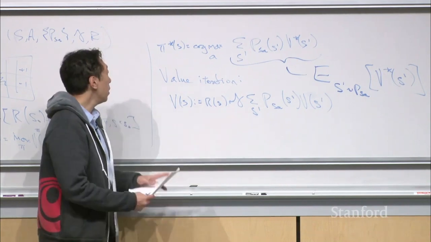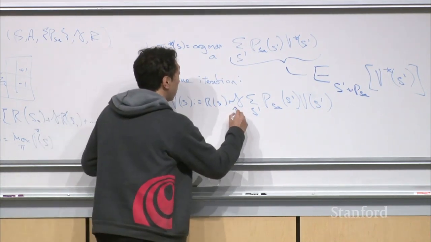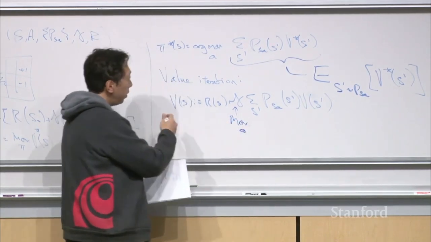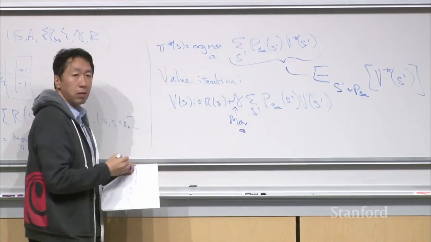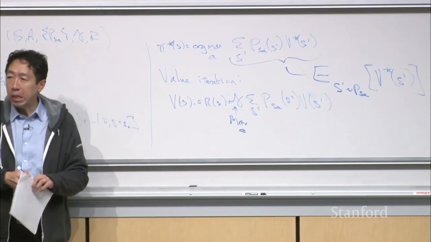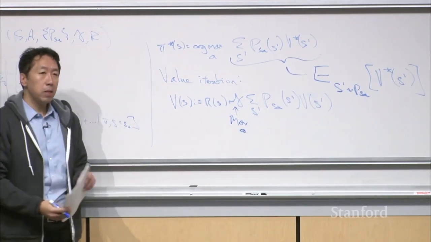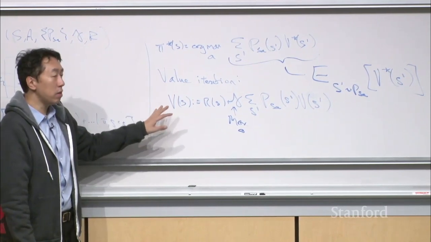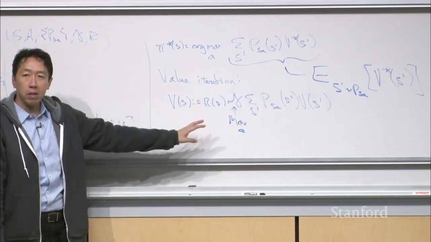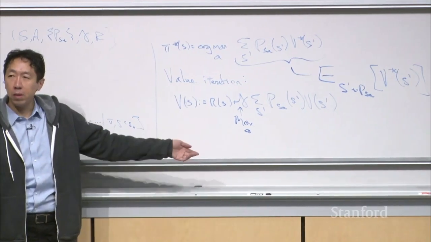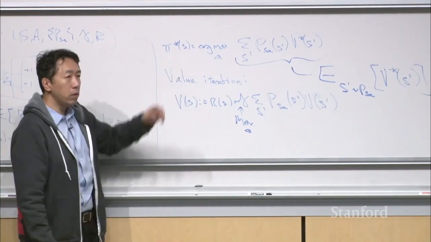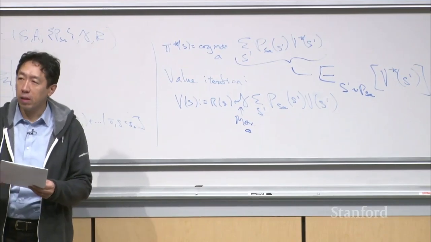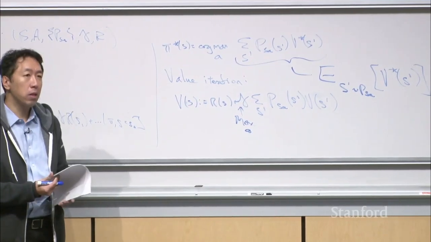Oh, I'm sorry, it's missing a max there. If V was equal to V star, then the left-hand side and the right-hand side would be equal to each other. What value iteration does is initialize V of S to 0 and repeatedly carry out this update until V converges to V star. And after that, you can then compute pi star, or find for every state the optimal action A.